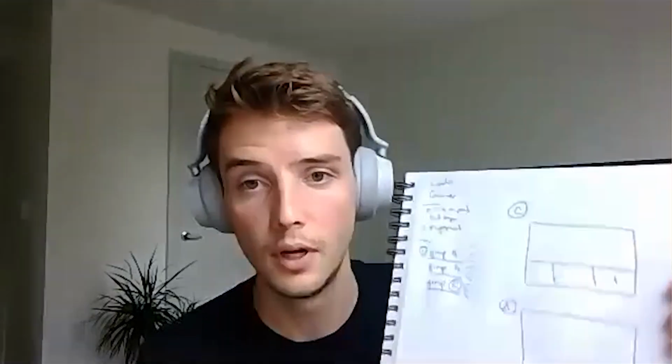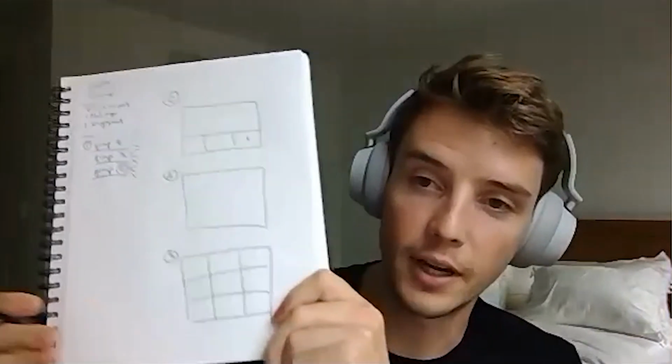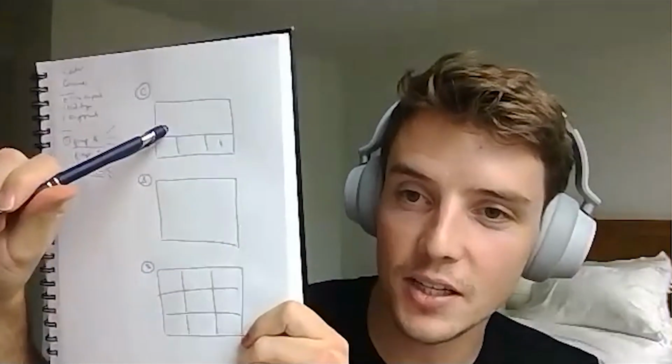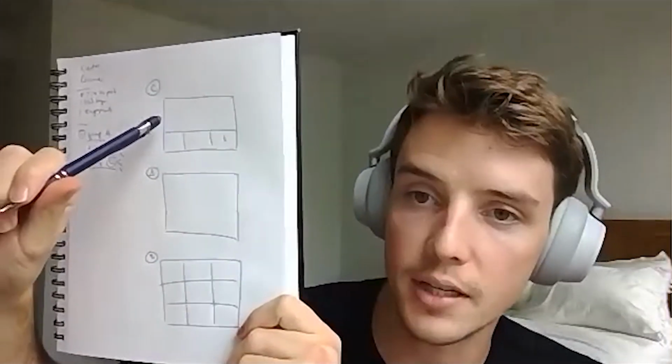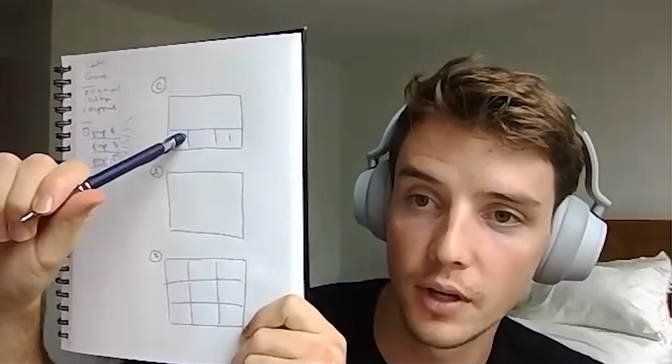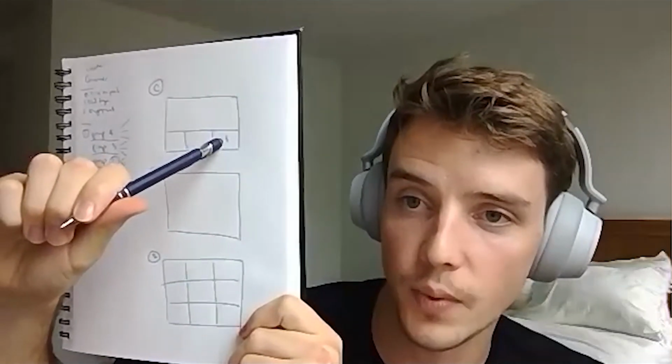Give me a sec, I will do a little drawing of what I mean. Today that's the current design, as I understand it: one main picture, then 3 smaller ones, and the last one has a plus.